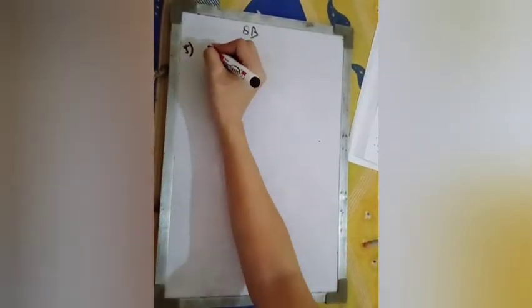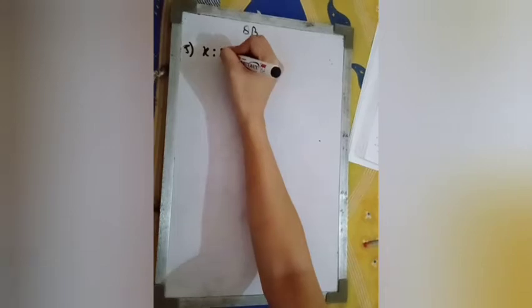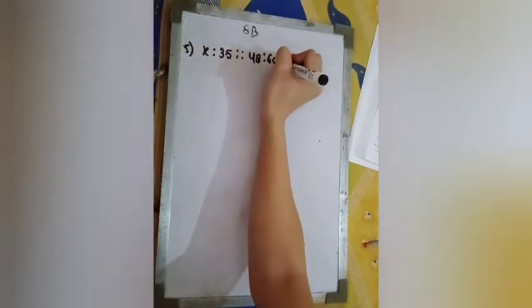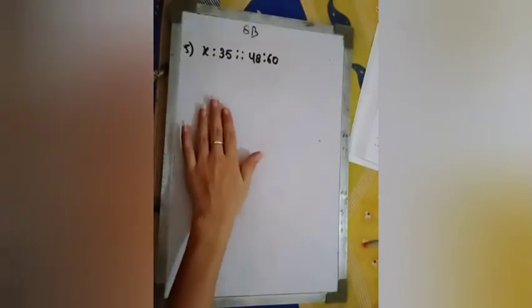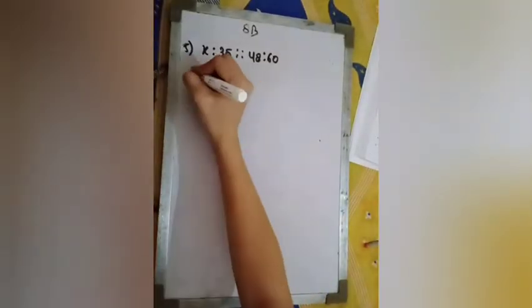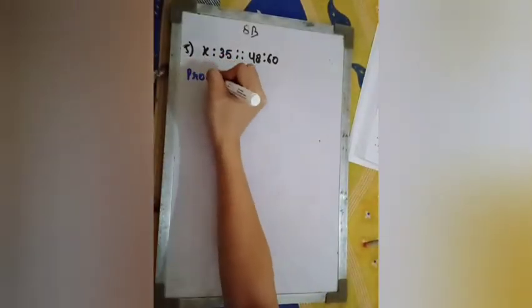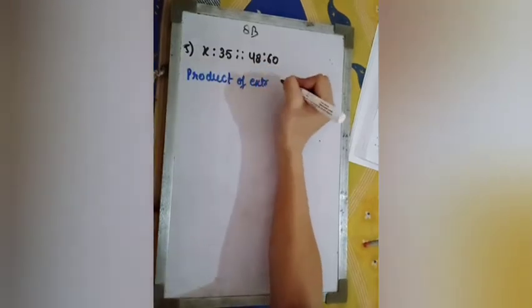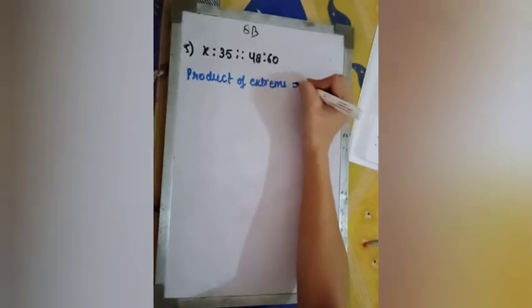Now let's see question number 5. It is given x is to 35, 48 is to 60. Whenever questions are given in this form, use the formula product of extremes equal to product of means.